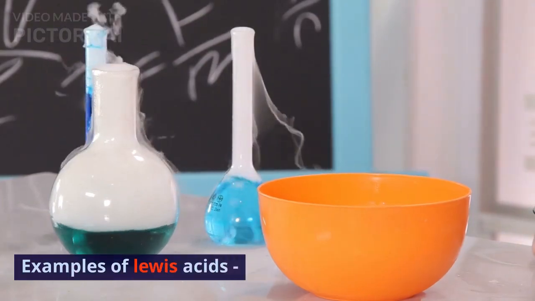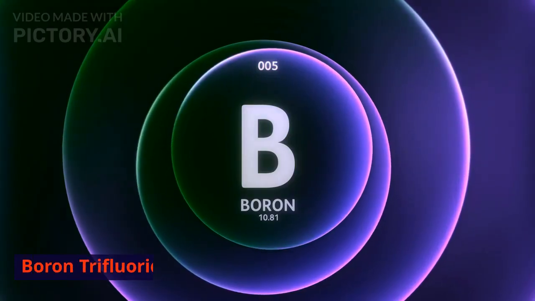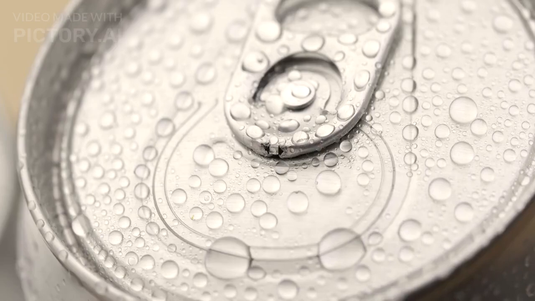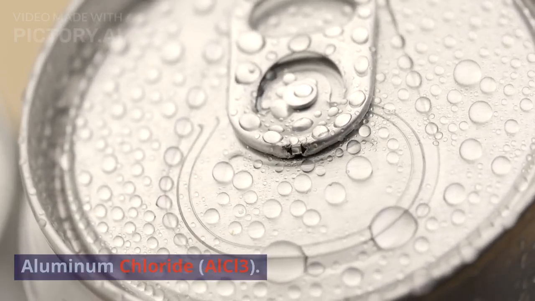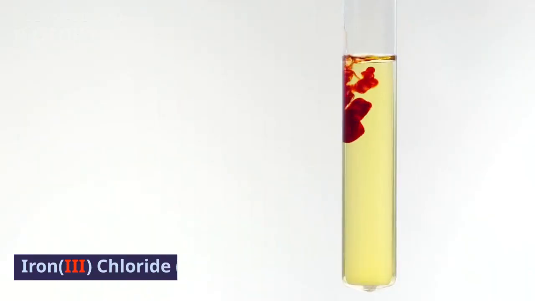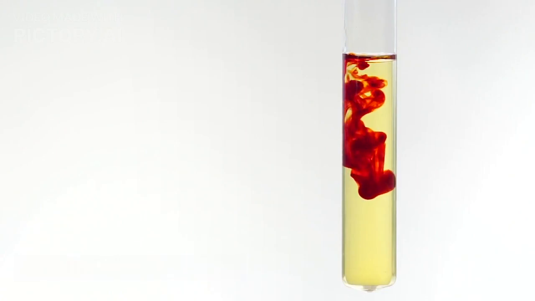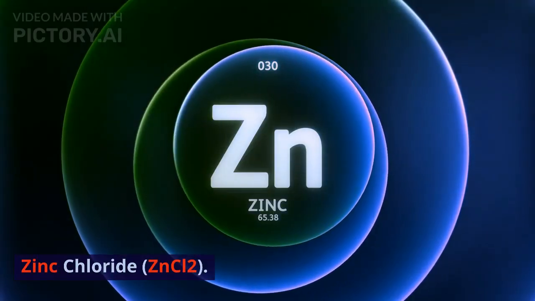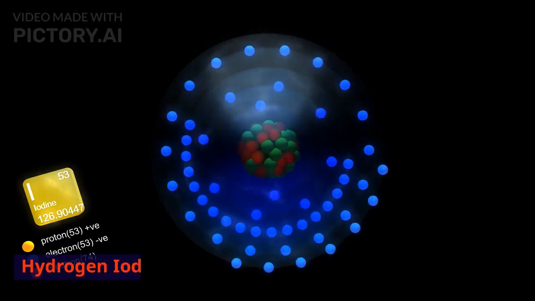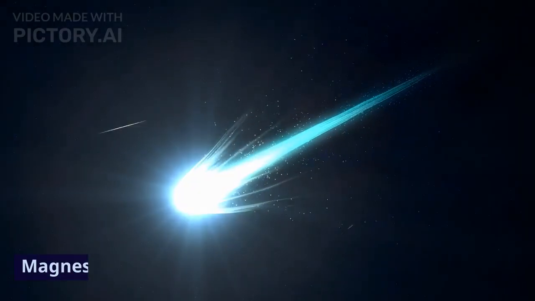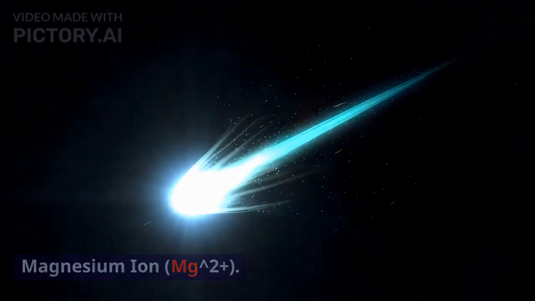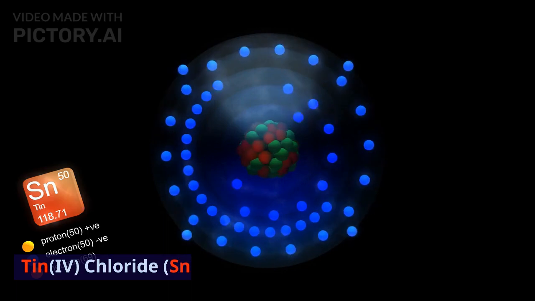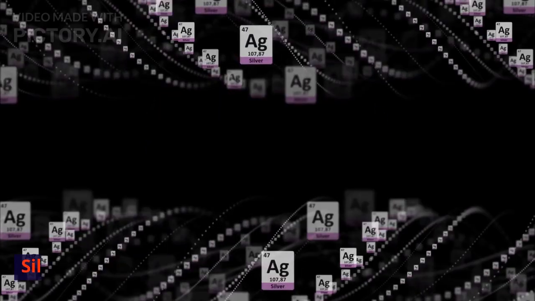Examples of Lewis acids: boron trifluoride, BF3; aluminum chloride, AlCl3; iron(III) chloride, FeCl3; zinc chloride, ZnCl2; hydrogen iodide, HI; magnesium ion, Mg2+; tin(IV) chloride, SnCl4; silver ion, Ag+.